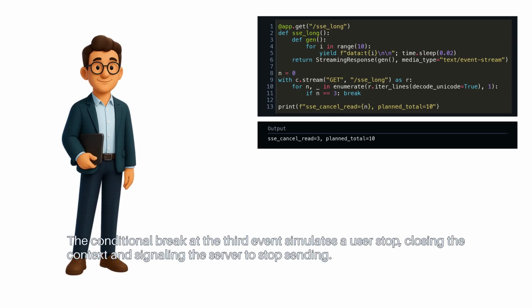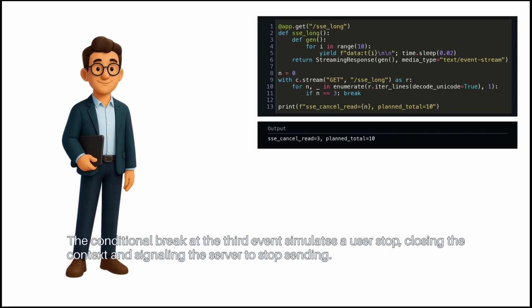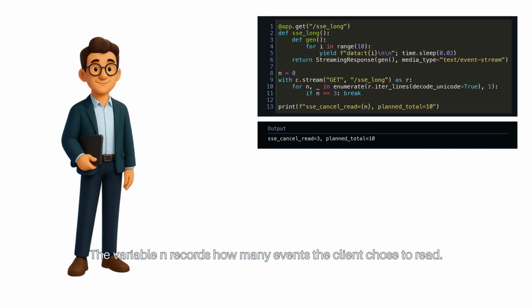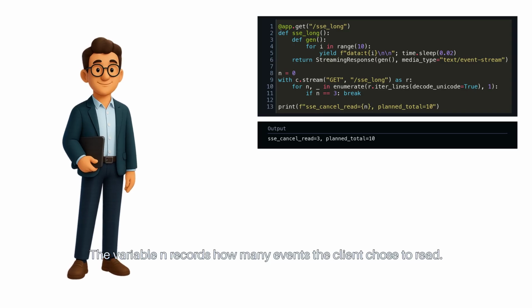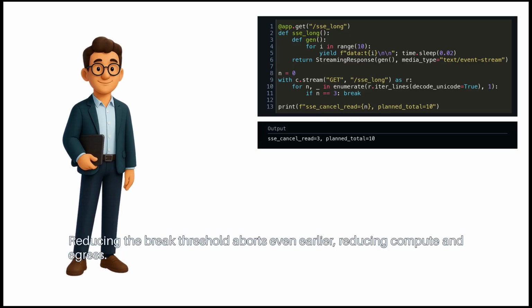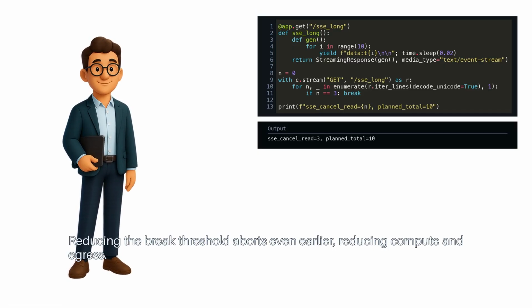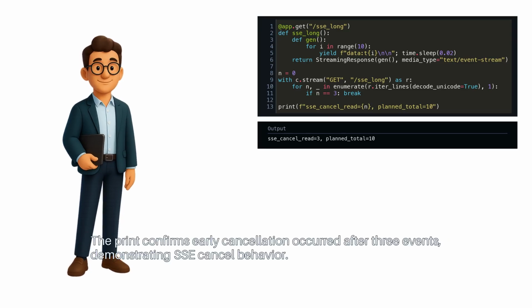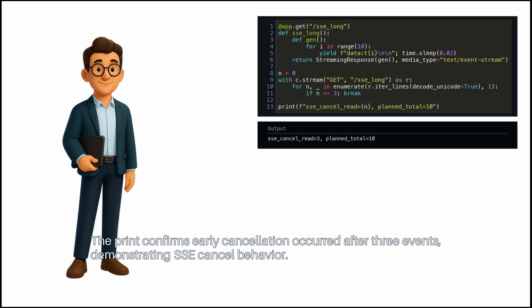The conditional break at the third event simulates a user stop, closing the context and signaling the server to stop sending. The variable n records how many events the client chose to read. Reducing the break threshold aborts even earlier, reducing compute and egress. The print confirms early cancellation occurred after 3 events, demonstrating SSE cancel behavior.